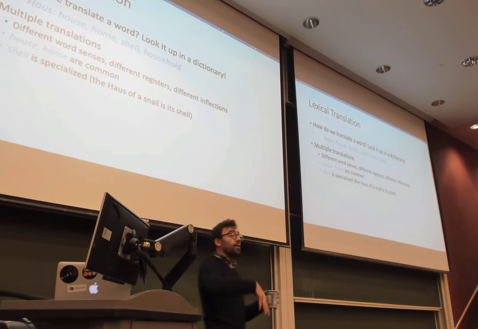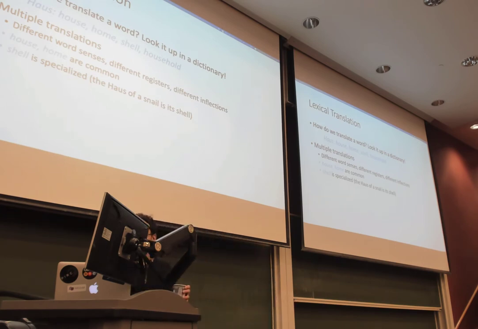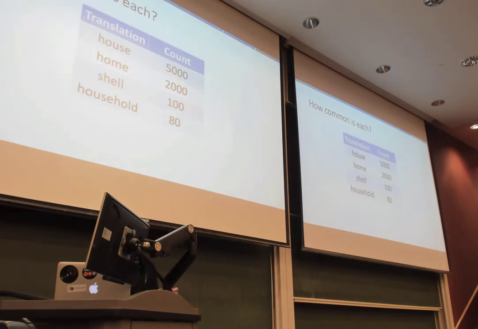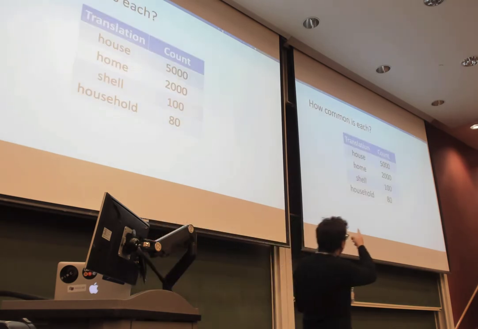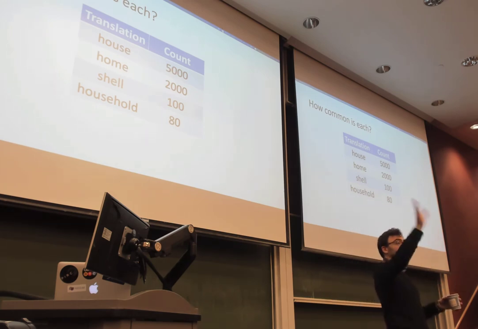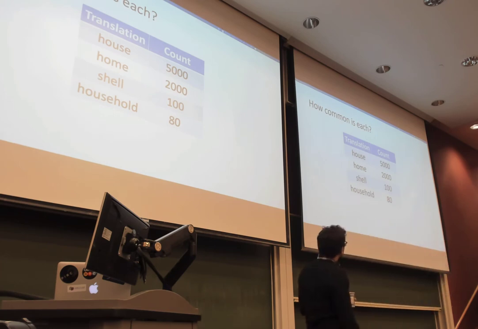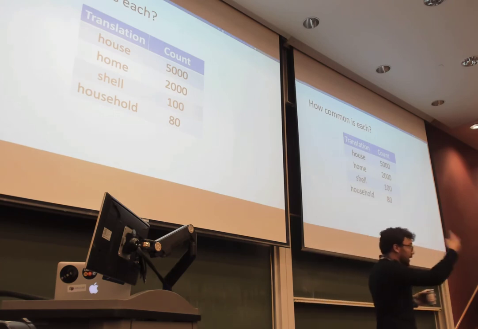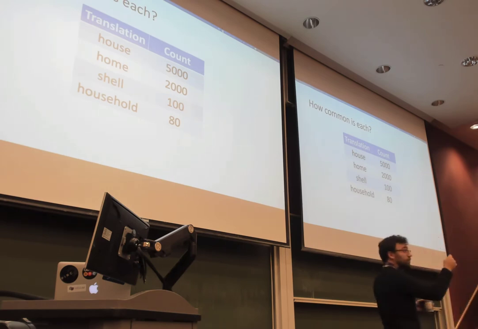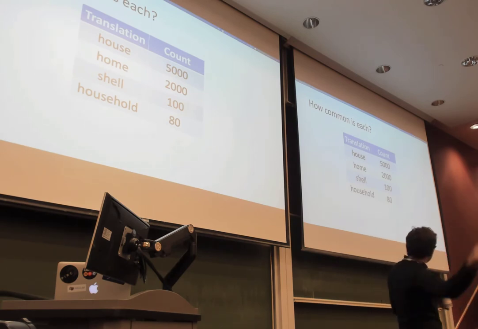But still, let's say we want to model lexical translation, and we want to get probabilities for Haus given each of those English words. Then we just look at how common these are in our training corpus. We have a bunch of parallel English-German data, and we find that house in English appears 5,000 times, and it has been translated to Haus in German those 5,000 times. Haus in German has been translated to home 2,000 times, and so forth.